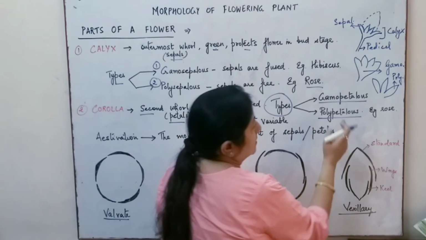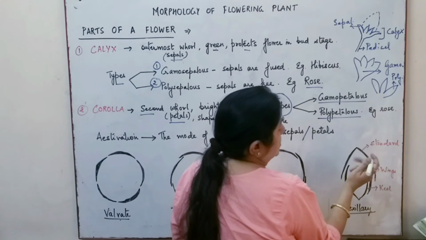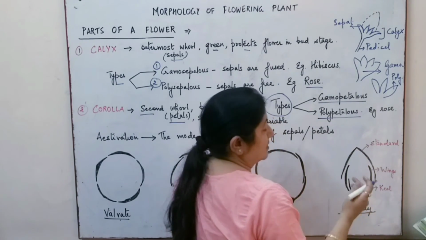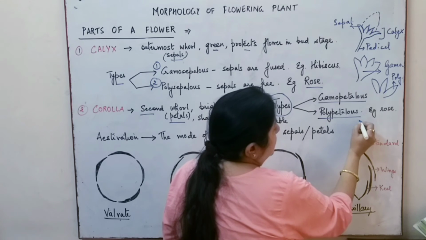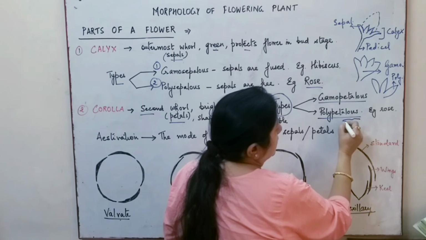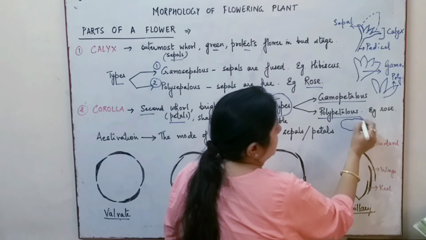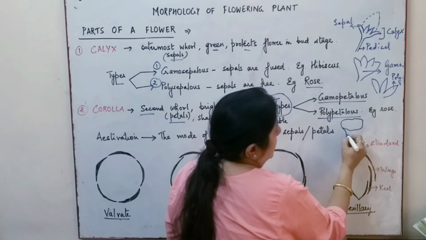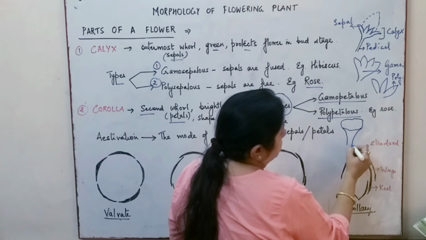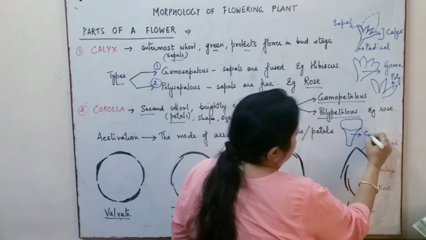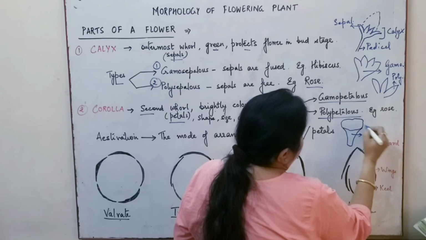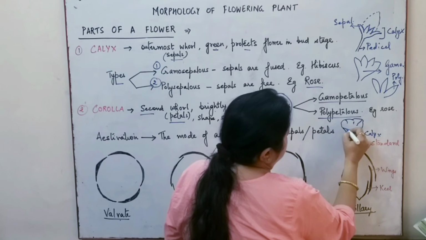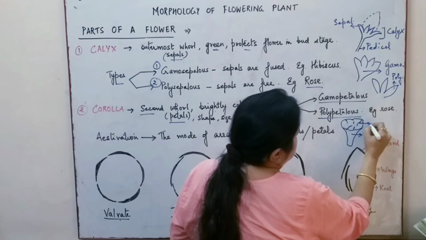So gamopetalous condition is seen in flowers where they will be forming a nearly tubular structure. So many a time you must have seen a flower forming a tubular structure, and this is the calyx, and this structure over here is the corolla.